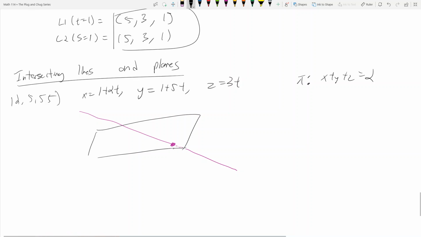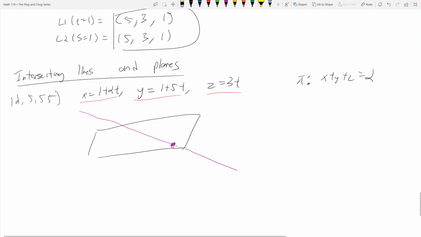When you're on a point in the plane, you're going to satisfy the plane equation, because all points in the plane satisfy the plane equation. So that means when this line intersects the plane, the line has to satisfy the plane equation. So all we have to do is plug in x, y, and z, and then we solve for t.